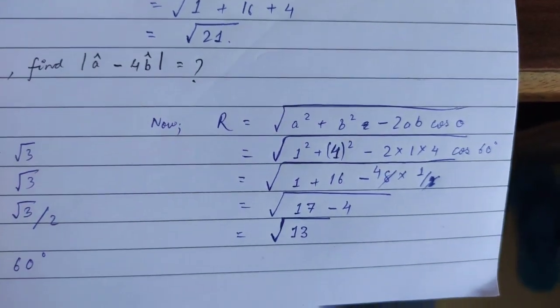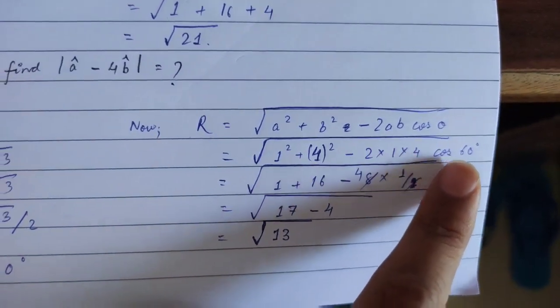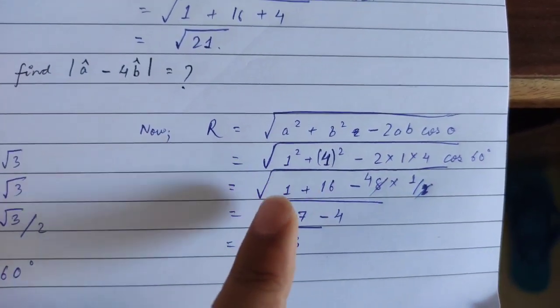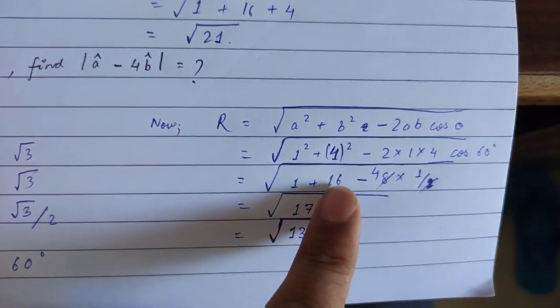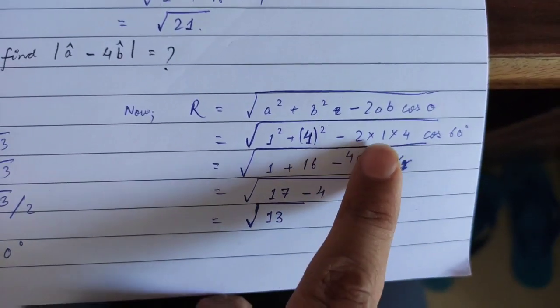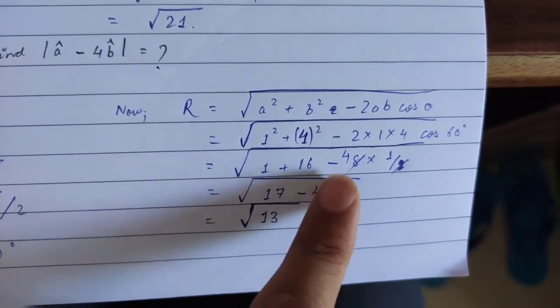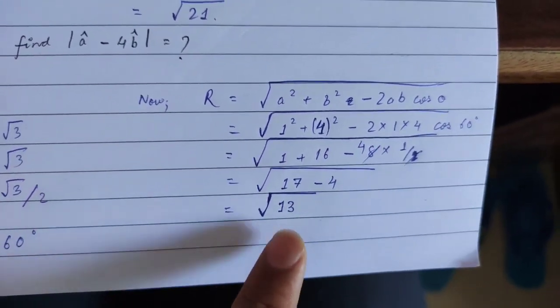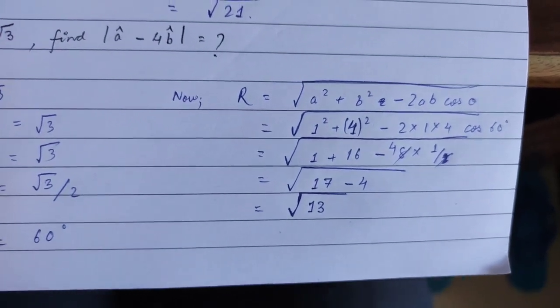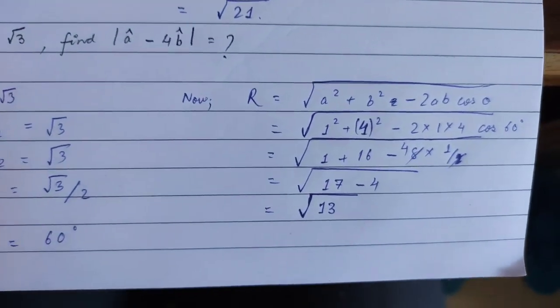We found theta is 60 degrees, and cos 60 is 1 by 2. So it becomes 1 plus 16 minus 8 into 1 by 2, since 2 into 4 gives us 8. So it becomes 17 minus 4, which gives us 13. So the resultant, the mod of a cap minus 4b cap, is equal to root 13.